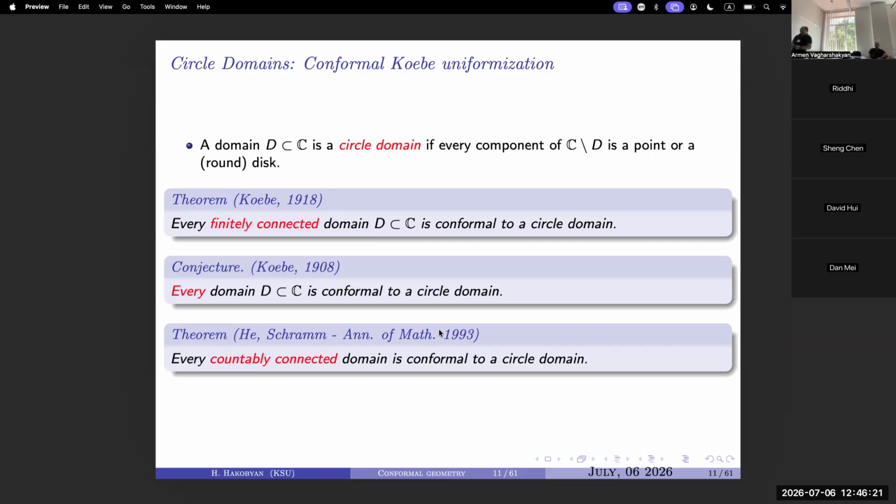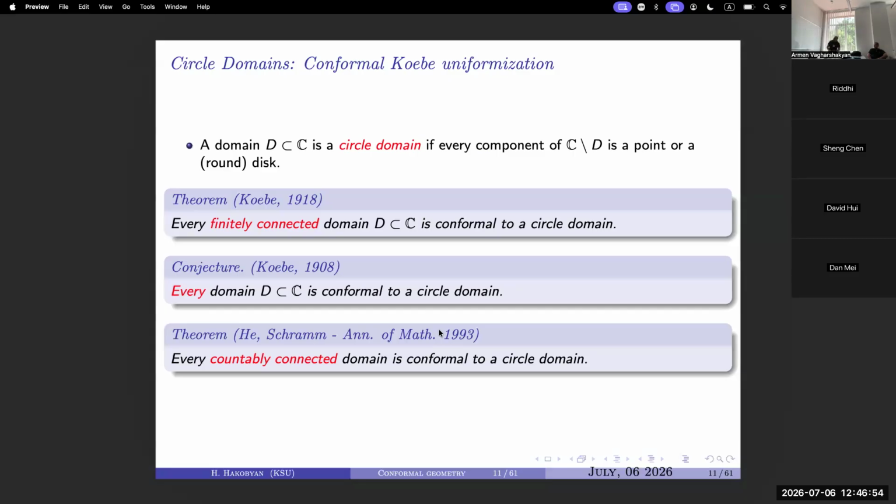What Koebe proved is that if you have a finitely connected domain, the complement of these things, then there is a conformal map onto a domain bounded by circles, where points go to points. If you saw the poster of our session, that's a picture of Koebe's mapping.